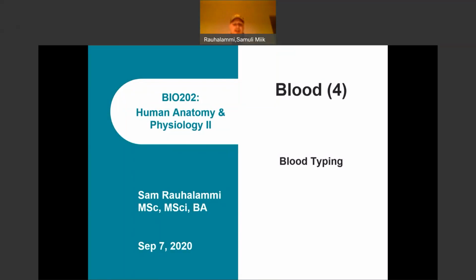And those two things will define whether we are able to give a transfusion from one individual to another or not, based on whether the blood types match or they don't match, or whether it's acceptable even if it's not a match. So let's have a look at that.